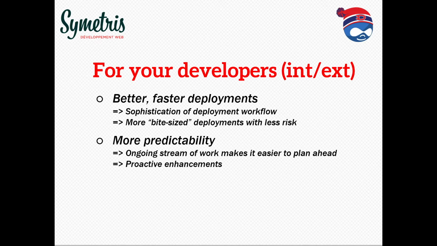For your developers, when we know that we're going to be deploying regularly and enhancing this website regularly, we're going to put in place structures for this deployment. That means the deployment is going to be thought out, regular, and streamlined. A bit earlier today there was a conference about continuous integration.